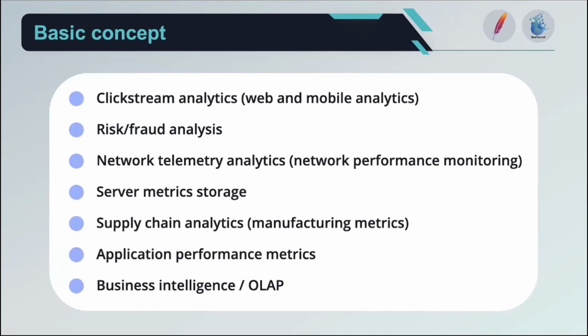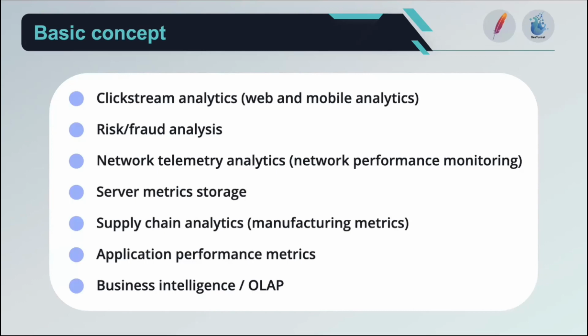Next, let's take a quick look at Druid's business scenarios, including clickstream analytics to get the path of user activities, risk analysis to ensure the security of the system, network performance monitoring, and server metrics storage to keep the high quality of the service.